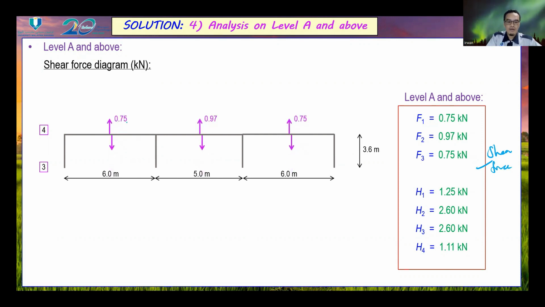It is 0.75, 0.75, which is equal to F1 and F3, and 0.97 is equal to F2. The green color here represents the shear force obtained in the column.